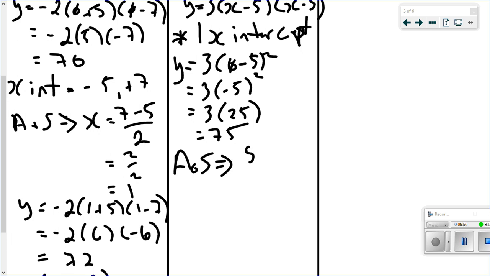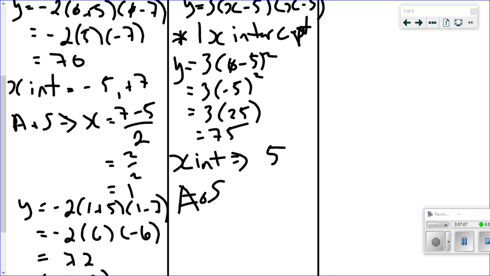I guess I gotta figure. So the x-intercept is 5. There we go. Sorry, that's a really bizarre a. Now, hopefully you would just memorize this. This one is a nice memorizing thing.